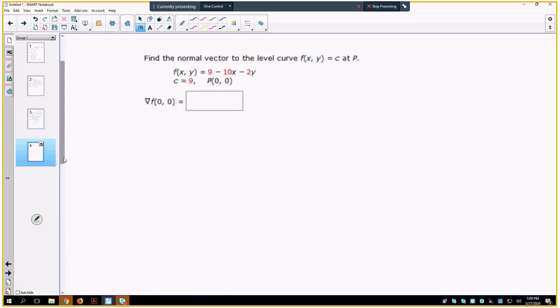The next problem asks us to find the normal vector to the level curve, f of x y equals c, at a point P. So let's pause here and remember that the gradient is normal to level curves.